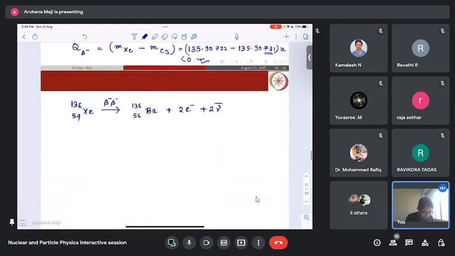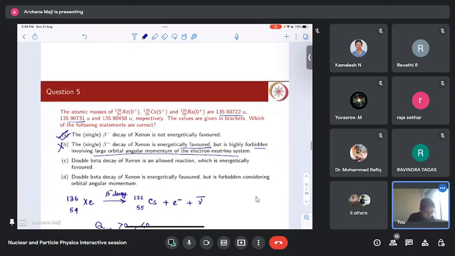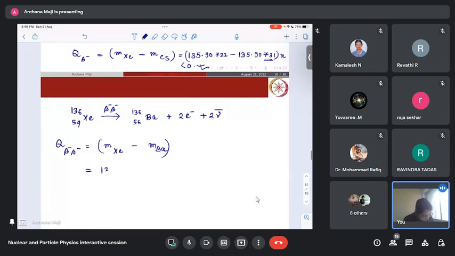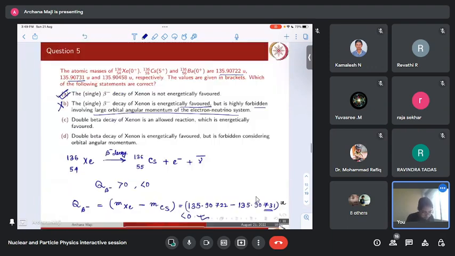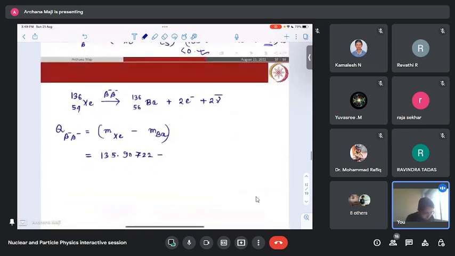So let us see. Q of this decay process, beta beta decay, will be mass of xenon minus mass of Ba, 135.90722 minus 135.90458.